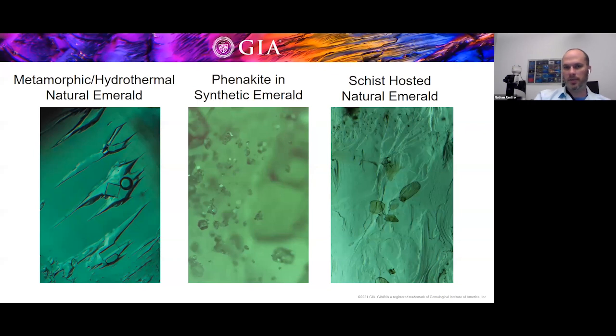Phenakite is a mineral that occurs exclusively in a pegmatitic growth environment. Since we don't have emeralds that grow in a pegmatite, whenever you see phenakite, that is conclusive proof that you have a synthetic emerald, because that combination of inclusion to host doesn't exist in nature. So that's just another thing to think about. If you see these phenakite grains, that's proof of synthetic origin.